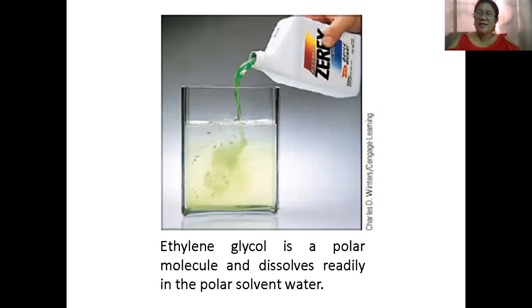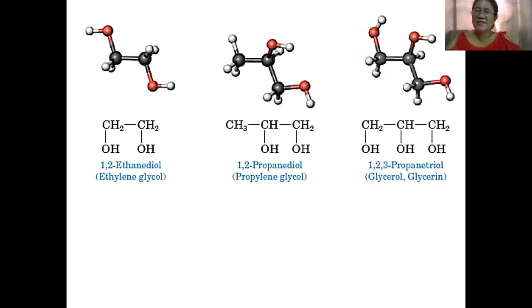Glycerin is used as an add-on for making your hair soft, in the making of shampoo. So that's glycerin.